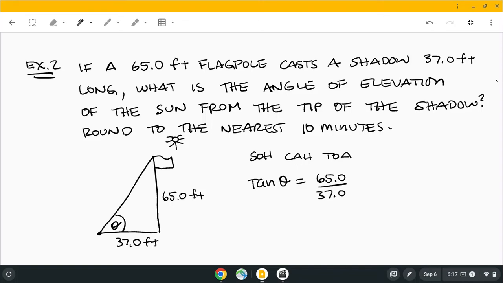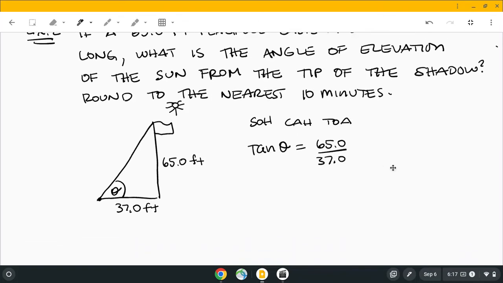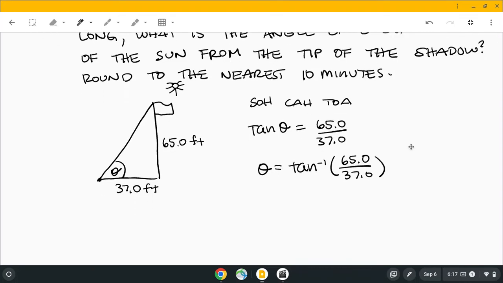And if we're trying to find an angle, we are going to be using tangent inverse of 65.0 over 37.0. If we punch that into the calculator, we get that theta equals 60.4 degrees.